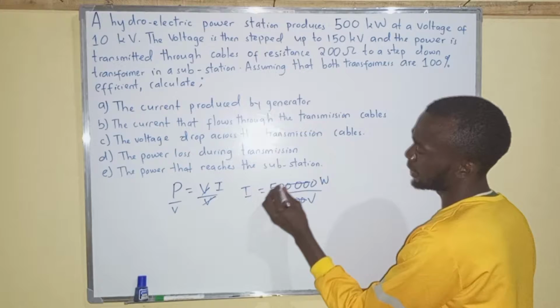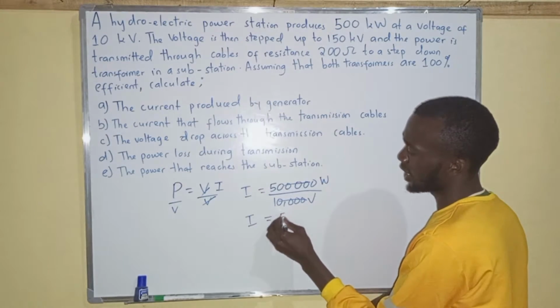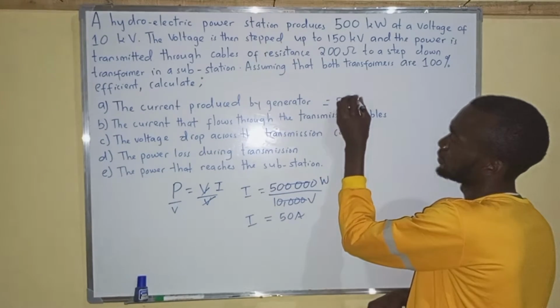So in this case, I get the current produced by the generator is equivalent to 50 amperes.